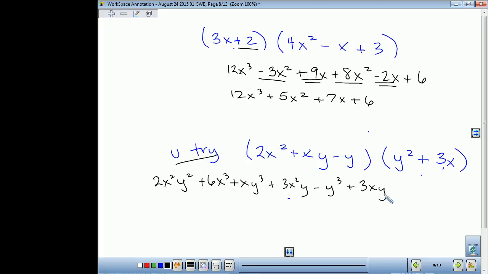This answer is rather ugly, isn't it? There are no like terms. And it doesn't look like there's a nice little order we can put it in either. Now, this one's in standard form. It only has the one variable, so we went from highest degree to lowest degree. Even if we went from highest degree, we have 2 that are the highest.